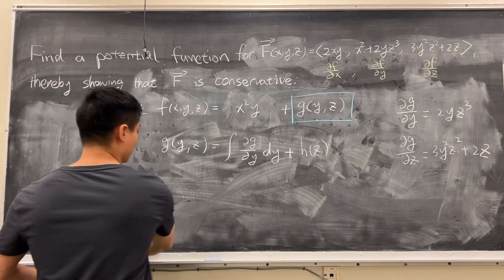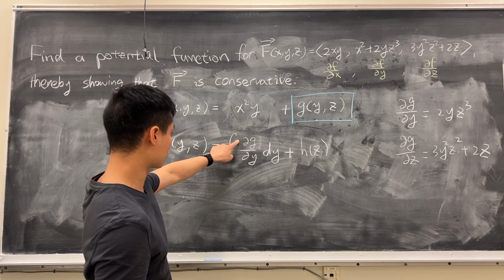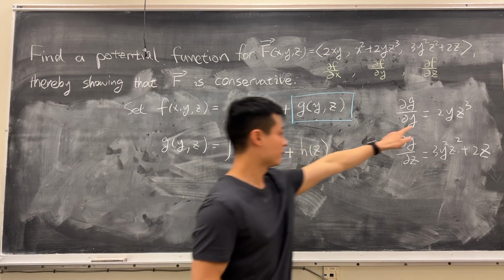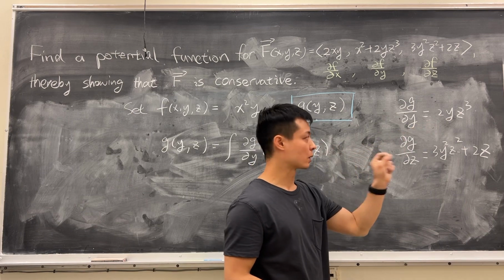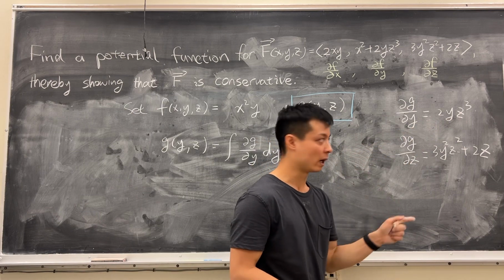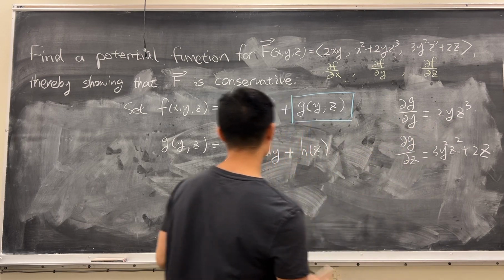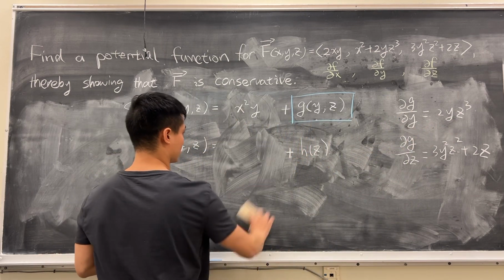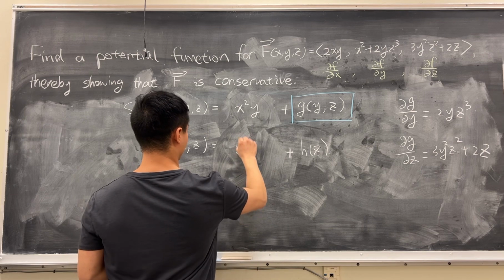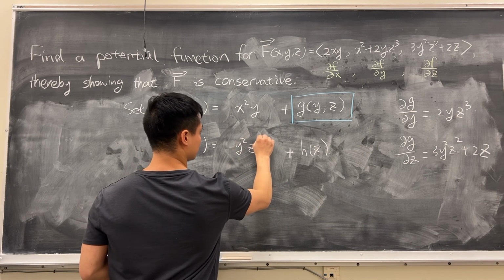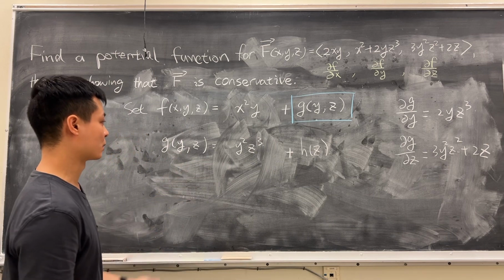Because we know partial g partial y is this one, if we integrate this with respect to y, it's going to take us to y squared z cubed. So we can replace this by y squared z cubed by taking the antiderivative.